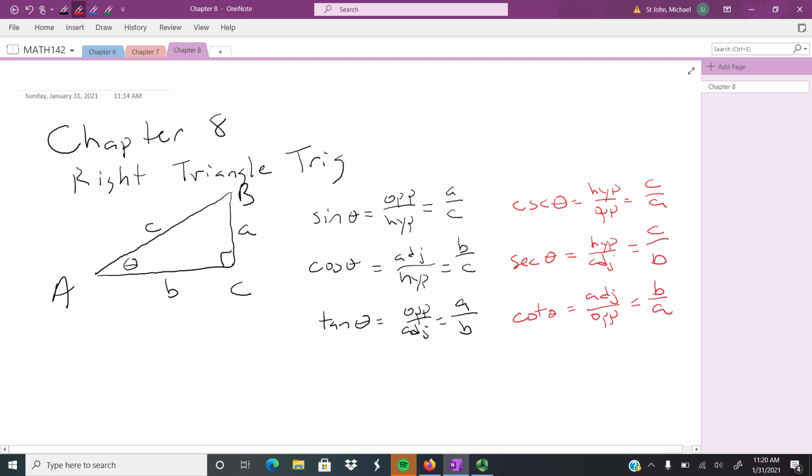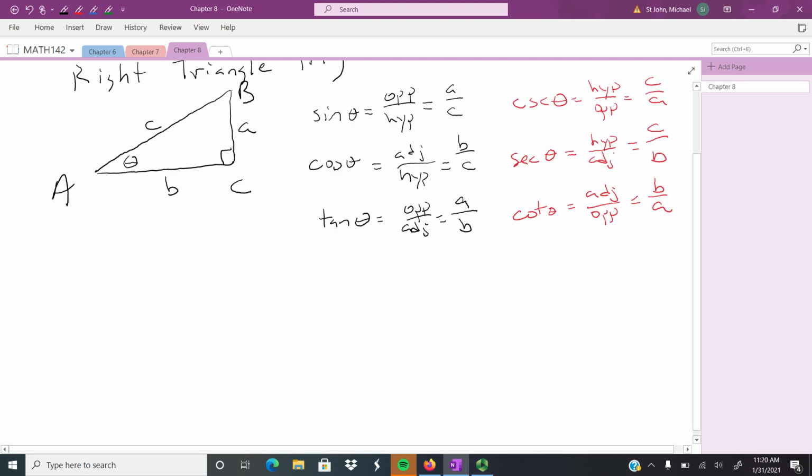The 3 you should be able to find easily on your calculator will be sine, cosine, and tangent. Okay?